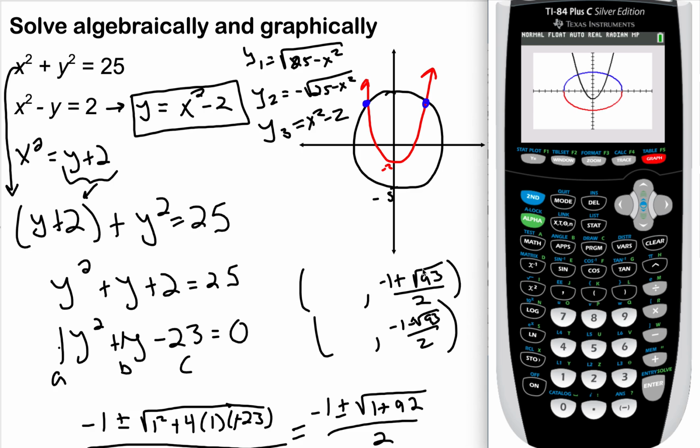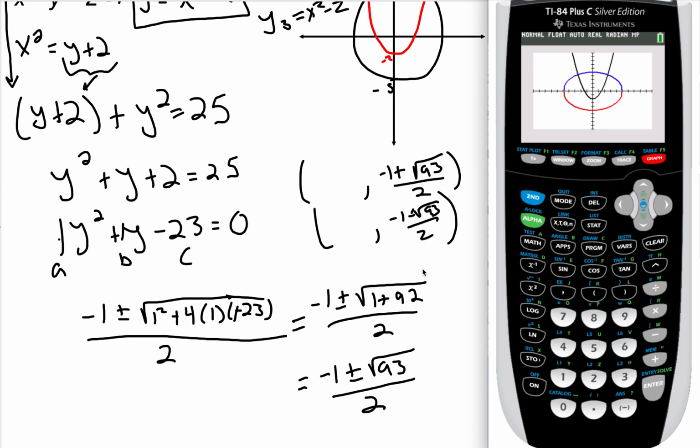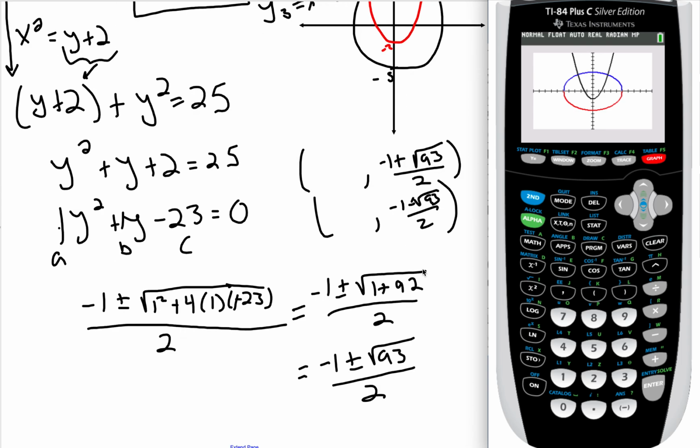And that's pretty important. Okay? So when we think about how this is going to work, we now need to plug in to the y to figure out the x. Okay? Pretty important.